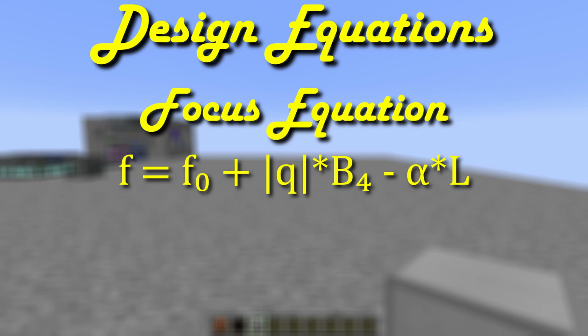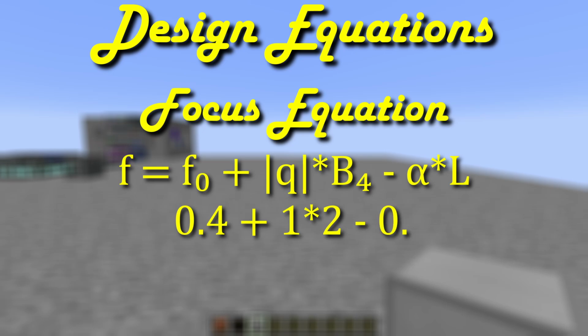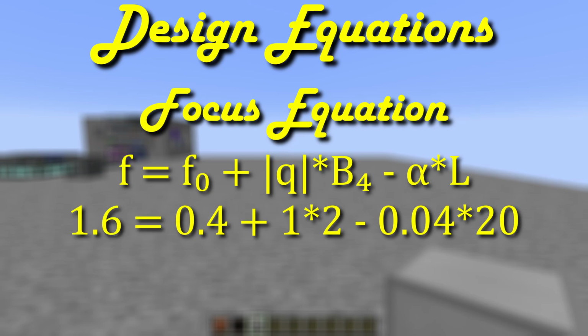This beam starts from an ion source, so it has 0.4 focus, and it goes down a 20 block long accelerator, and this accelerator also has a total quadrupole strength of 2 Tesla. Therefore, the output focus will be 0.4, our initial focus, plus 1 times 2 for the focus gain from the quadrupole magnets, minus 0.04, the focus loss per block, times 20, the accelerator's length, and that equals 1.6 focus at the exit of the accelerator.